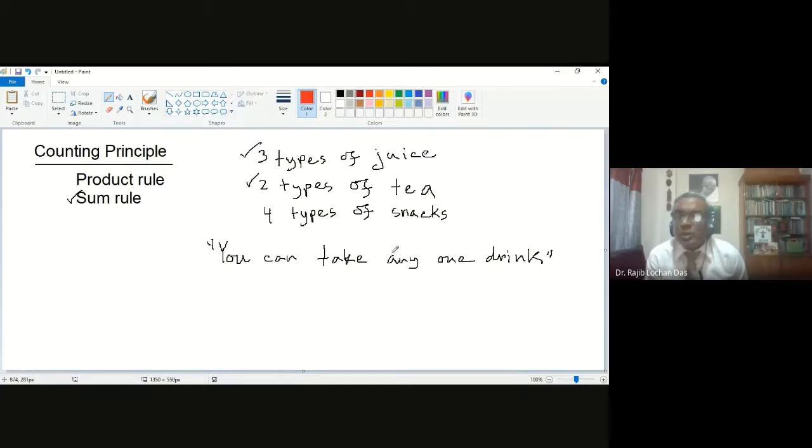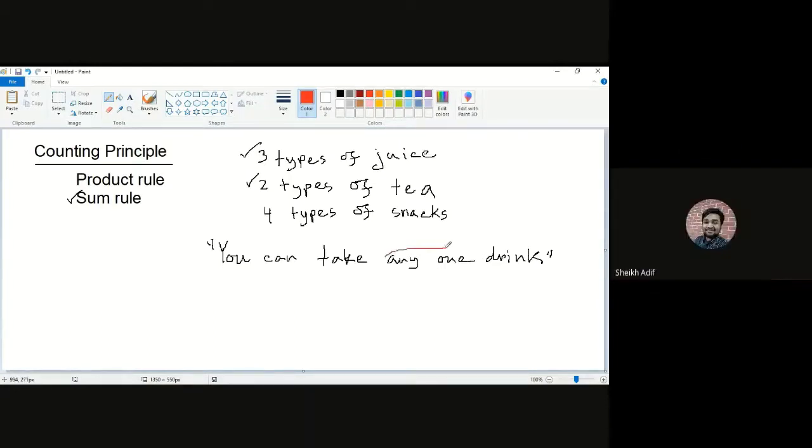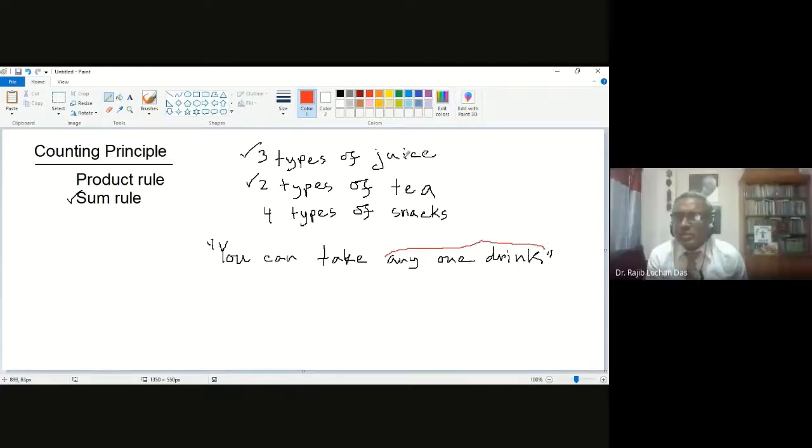What is the connective here in this case? The connective is or. Someone will take juice or tea. So in this case, it is actually or, juice or tea.